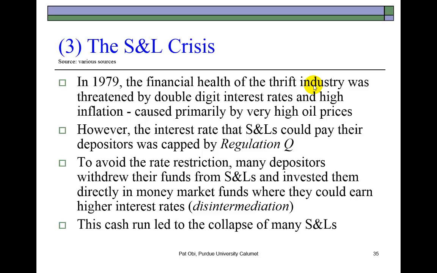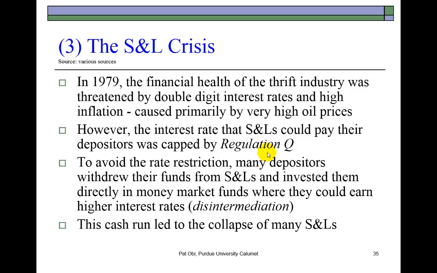Now, what happened prior to this point was there was a certain regulation or legislation called Regulation Q, which kept S&Ls from paying high interest rates on customer deposits even when market interest rates were high.